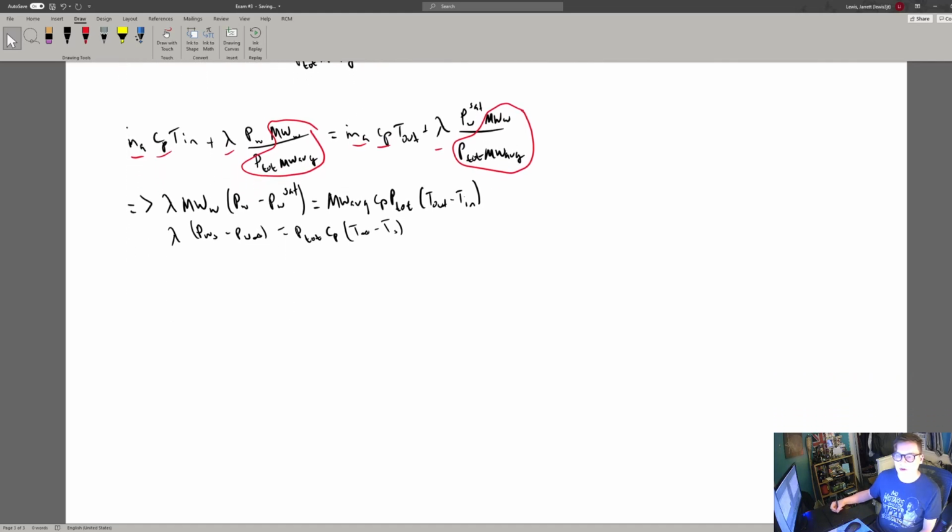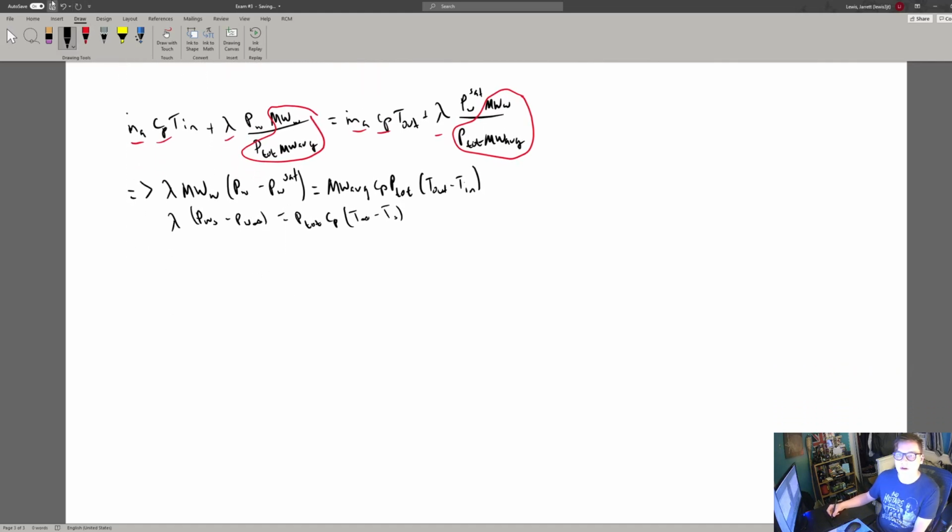Okay, so now we're going to want to compare these. So here we have the heat of vaporization times some difference in pressure. So for things that are similar, we have the heat of vaporization times some difference in pressure.